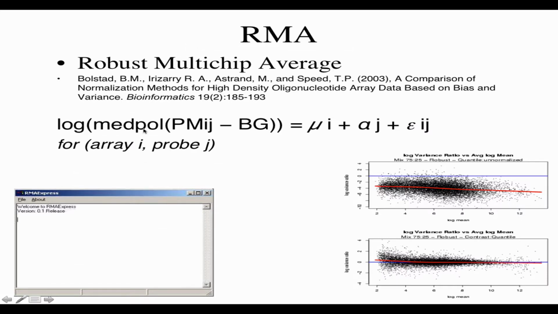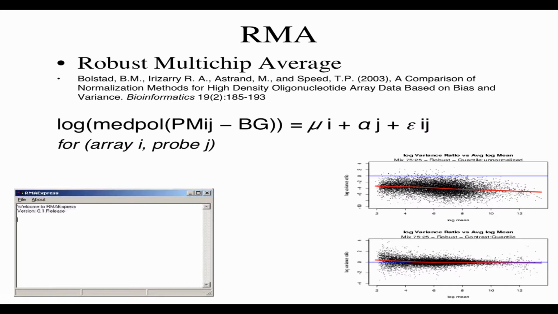And that's what this median polish part means here. This is like shortcut for a whole bunch of magic math that's not on the slide. So they're basing the normalization on the large group of genes in the middle that have low variance across all samples.